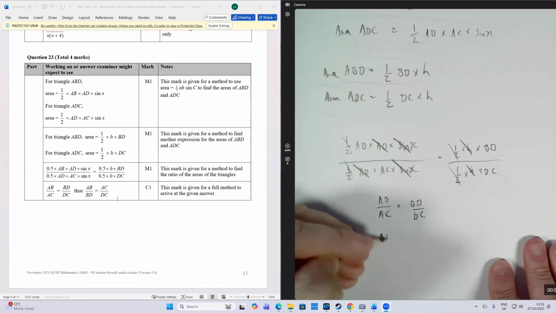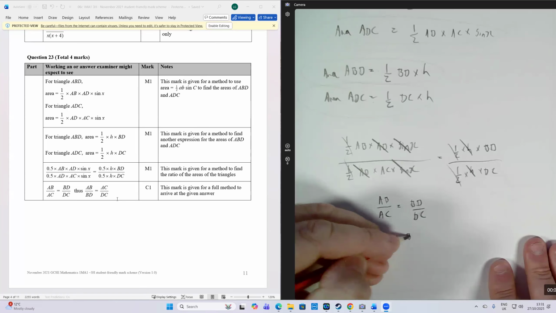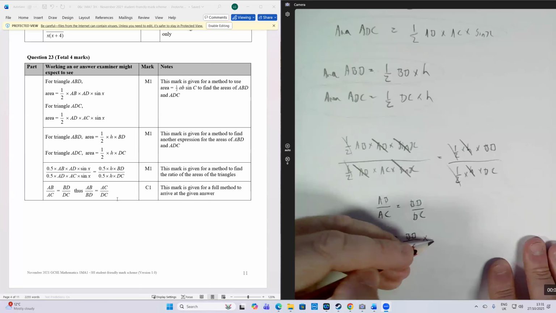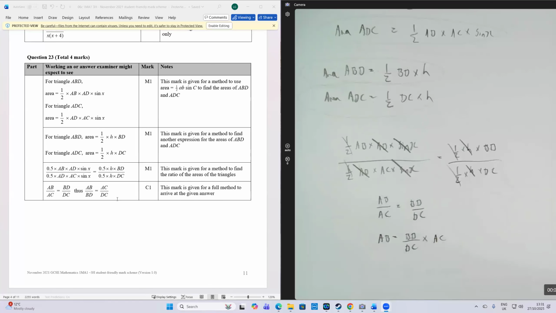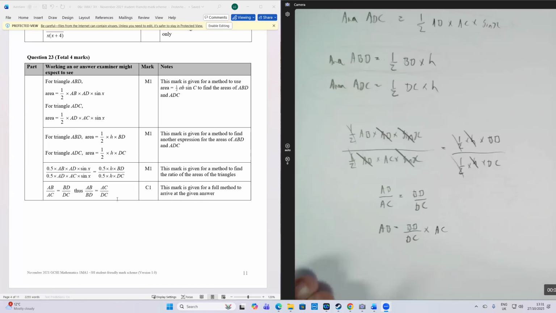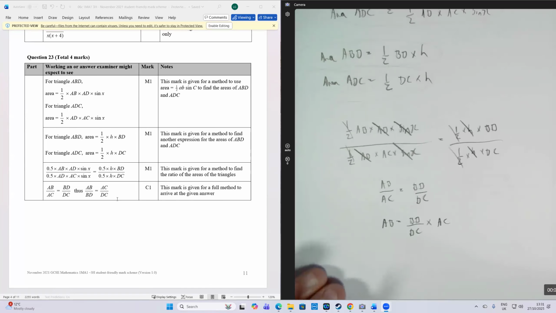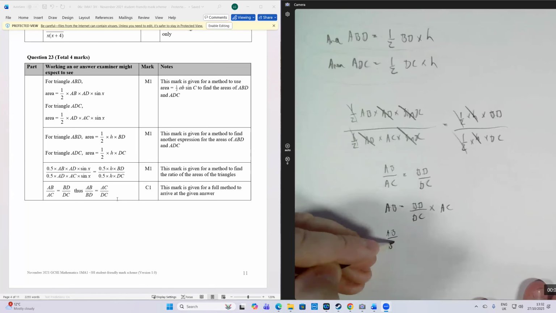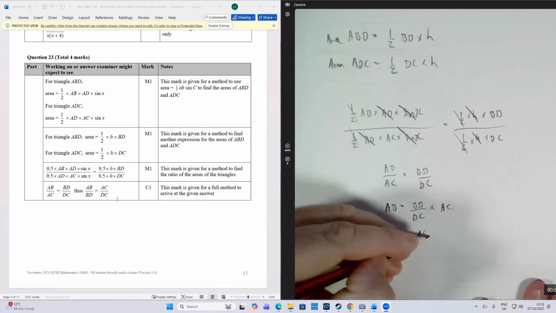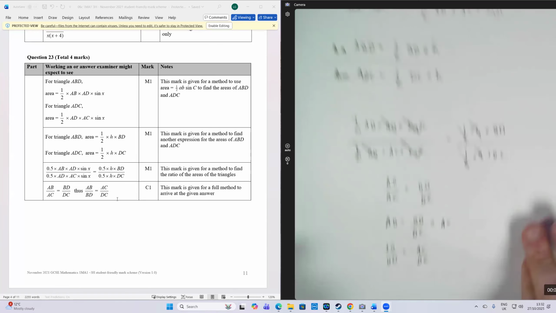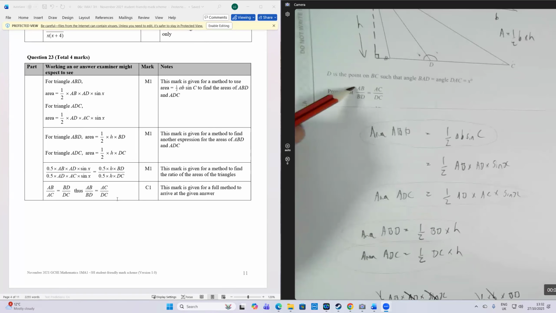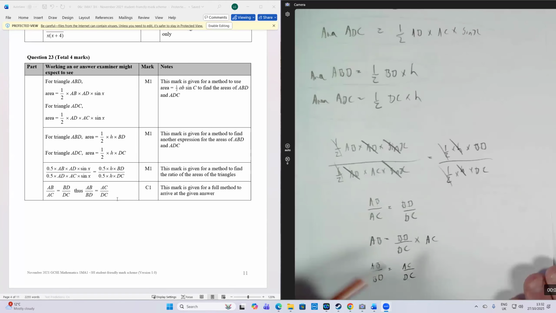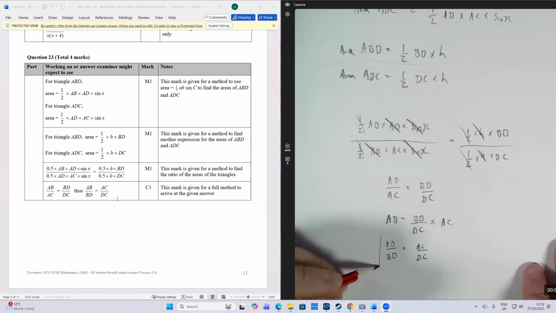That means AB is equal to BD over DC times AC. And then let's divide both sides by BD. That gives us AB over BD equals AC over DC. Hopefully we're there now. AB over BD equals AC over DC, and that is it done.